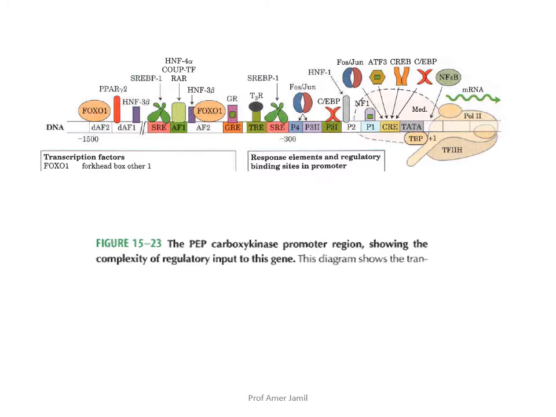So there are many other transcription factors, apart from the general transcription factors, that are required to initiate transcription of any gene in eukaryotes. This is one example, the PEP carboxykinase promoter region. It shows the complexity of regulatory input to this gene.